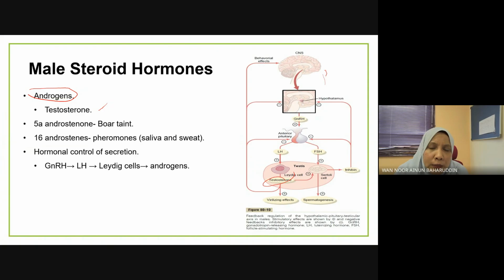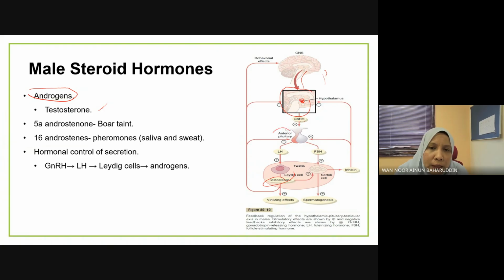GnRH will be stimulated. This is the picture of GnRH, this one is enlarged. One part of the hypothalamus will release the GnRH.